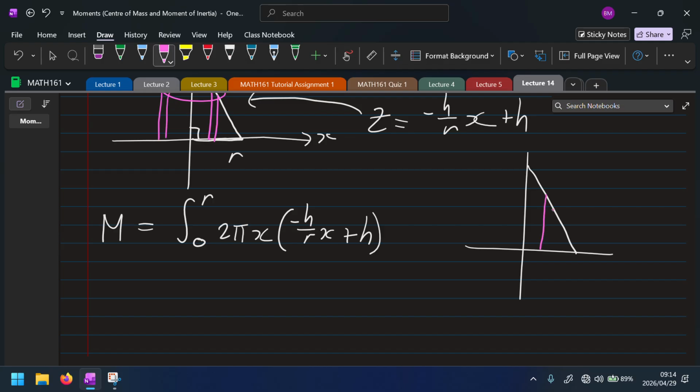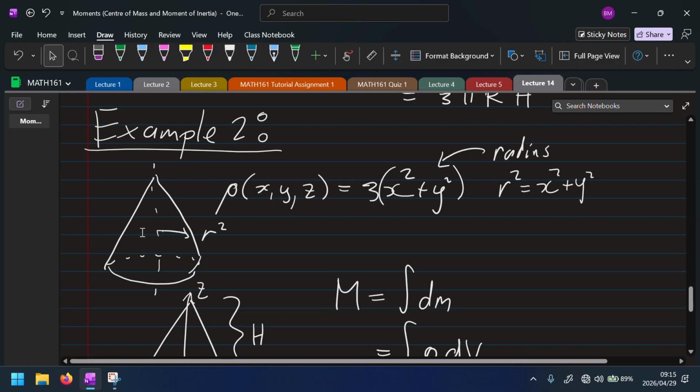Okay, we've got our shell, right? That's going to be rotated around. This distance here, that's the radius we're looking for, the radius of the shell. But in our setup, we called that distance x. Right? This is x. This is z. So the radius squared is x squared, which is what we need for this picture here.